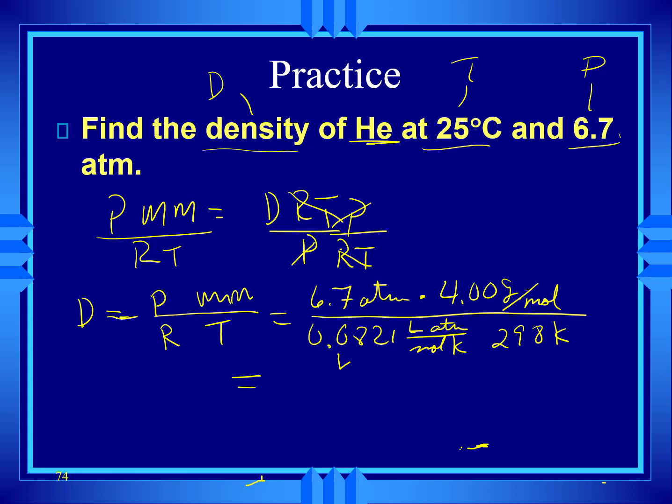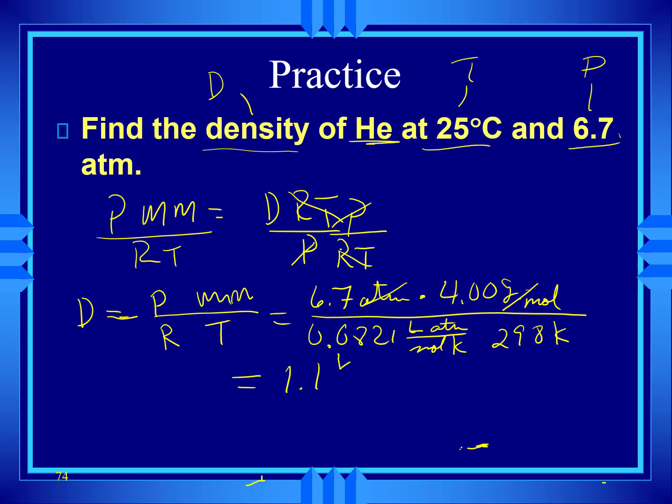You push those buttons, 6.7 times 4 divided by 0.0821 divided by 298 equals, well, with two sig figs, because of the 6.7, 1.1.